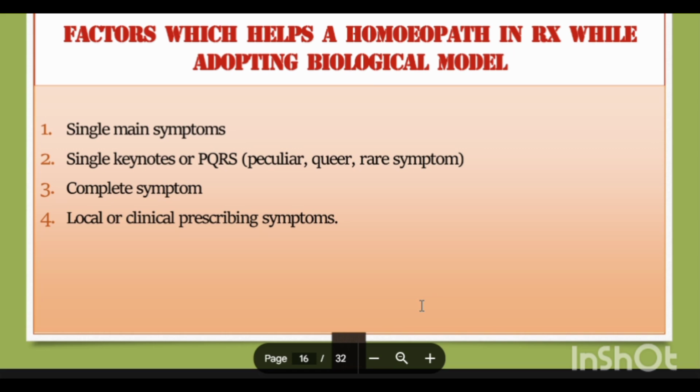PQRS means peculiar, queer, rare symptoms, or strange. It is a weird and unique symptom. The complete symptom, a symptom with all the detail: where, when, how it feels, what makes it better or worse. Local or clinical: the symptoms you can see or measure.